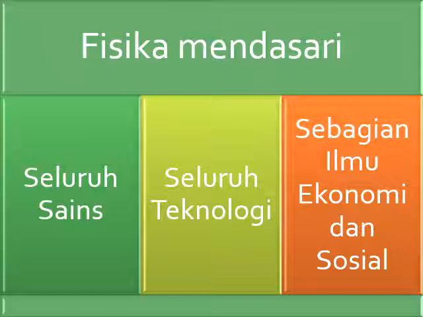So basically, physics could be the fundamentals of science itself, technology, or even some economic and social things, because in combination between physics and mathematics, you will have something a bit more statistical. Statistical can be very useful for economic and social, because all the variables in economic and social are very linked to each other, very complex, and it's hard to resolve all of the variables.